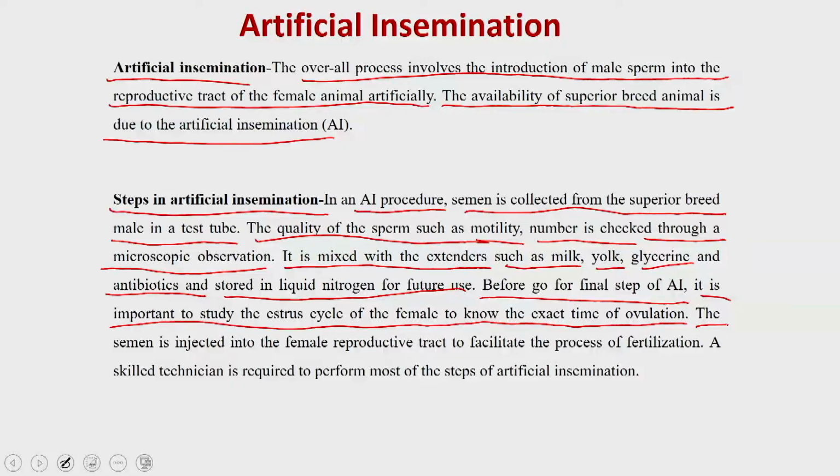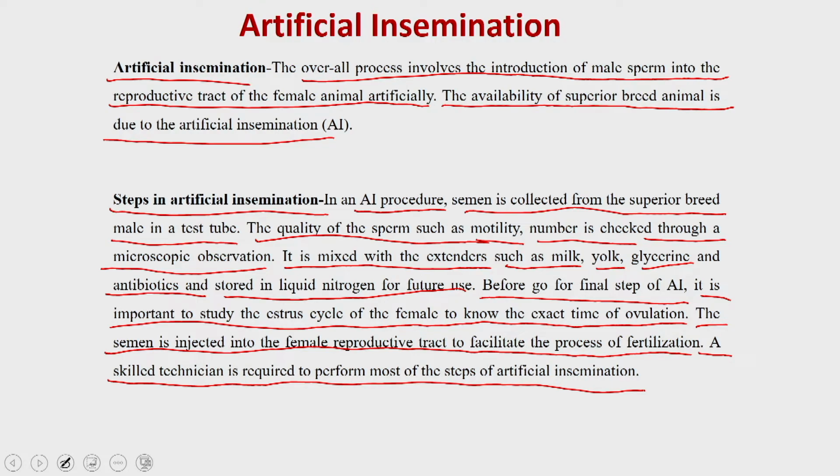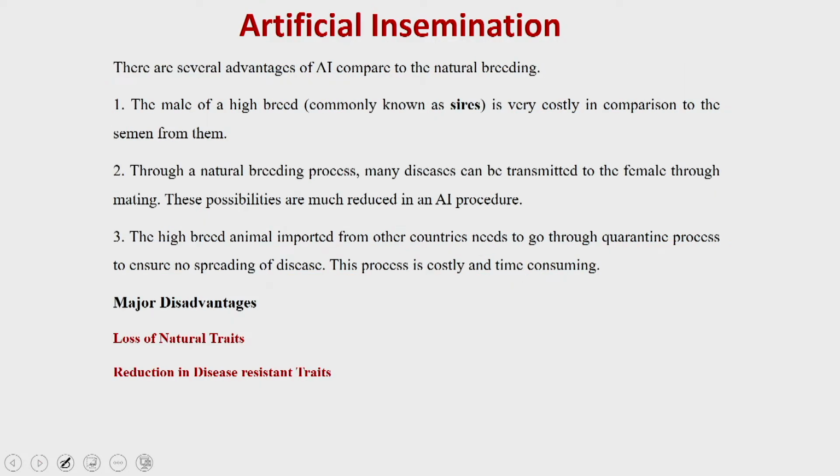The semen is injected into the female reproductive tract to facilitate fertilization, and because this is a very difficult task, a skilled technician or doctor is required to perform most of the steps of artificial insemination.